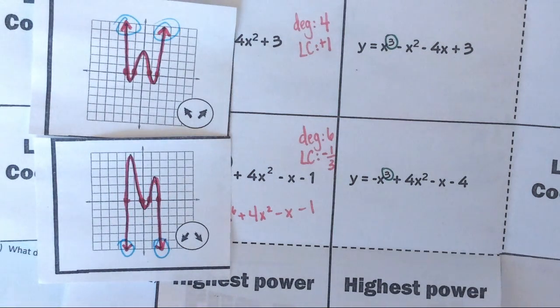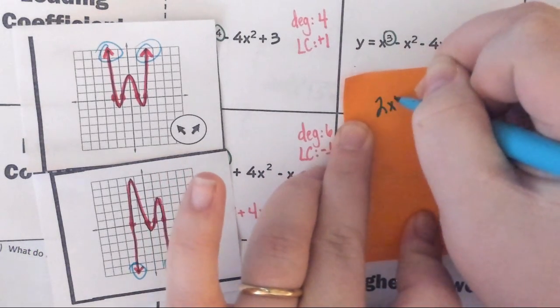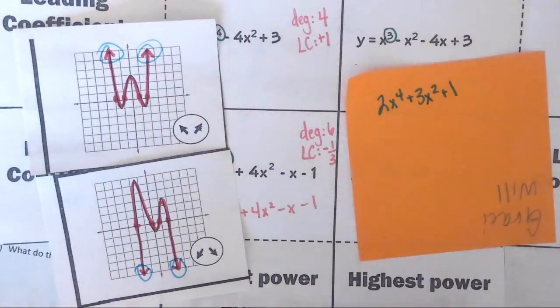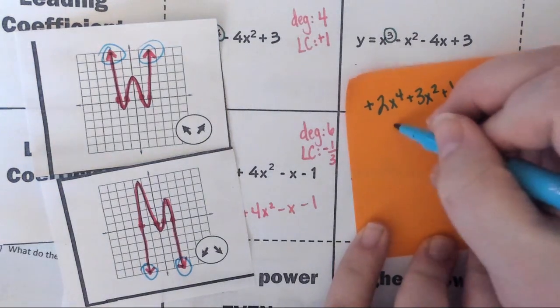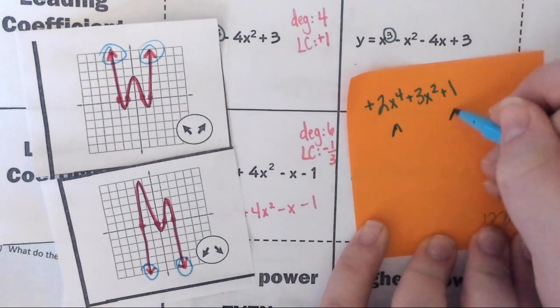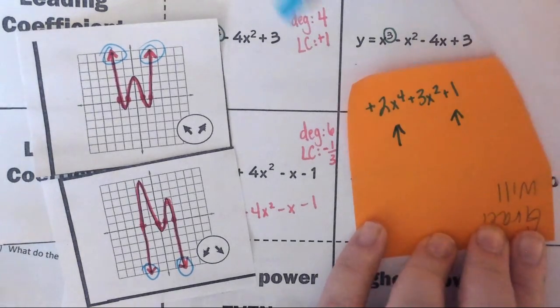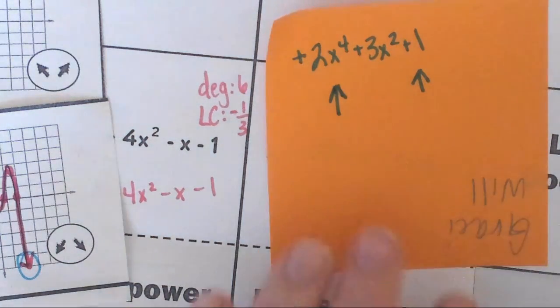So if I were to give you a problem that was an x to the 4, like 2x to the 4th plus 3x squared plus 1, doesn't matter. Since it's a positive number in front, my end behavior is going to end up being both going up. So if it's an even and a positive number in front, my end behavior is going to go up.